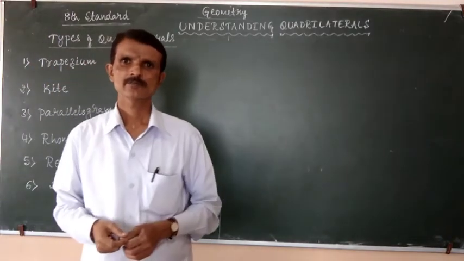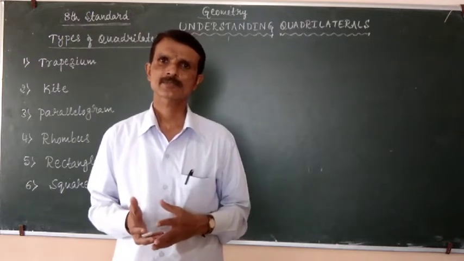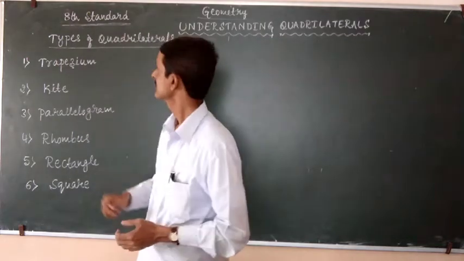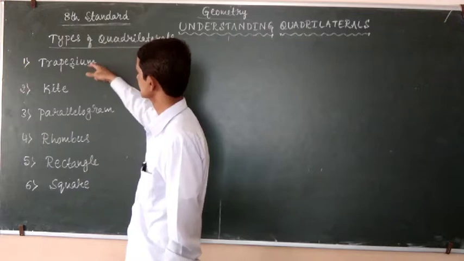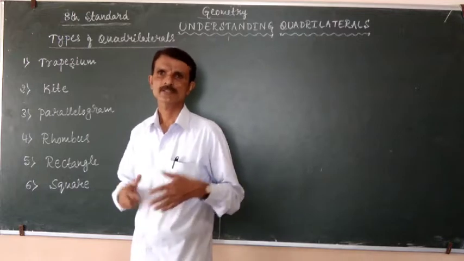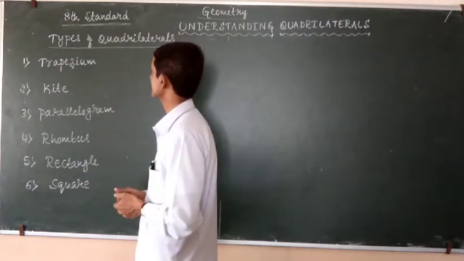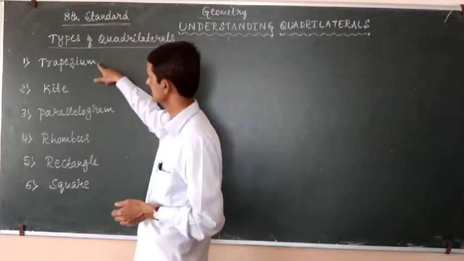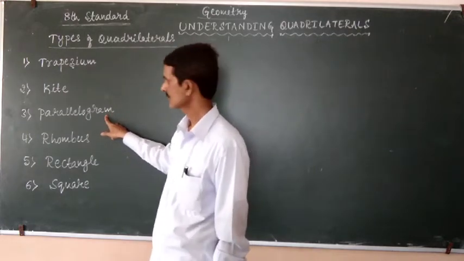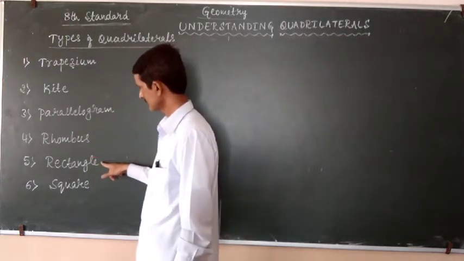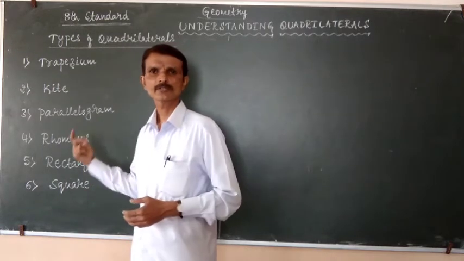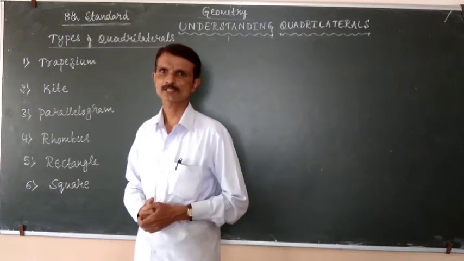Now, students, you will see the different types of quadrilaterals. Depending upon the properties, we divide the types of quadrilaterals. First one is trapezium, second is kite, third is parallelogram, fourth is rhombus, fifth is rectangle, sixth is square. You might have already studied these in previous classes.